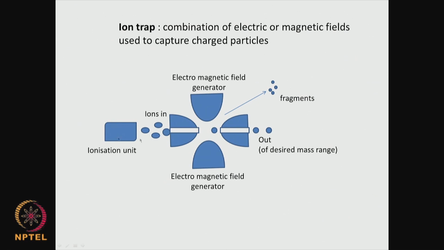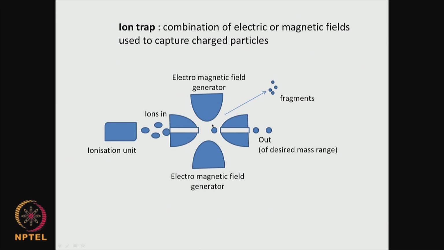So, we have the ionization unit, this could be EI, ESI or MALDI. The ion enters a chamber, and we apply an electromagnetic field. We maintain ions of our interest, and all other ions, smaller or bigger, are thrown out.